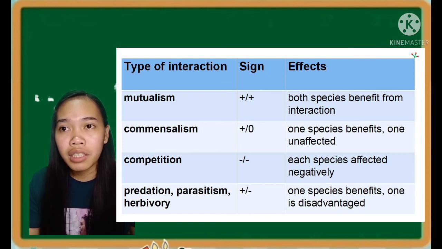For competition, the signs are both negative. Each species is affected negatively. For predation, parasitism, and herbivory, the signs are positive and negative. One species benefits, one is disadvantaged.